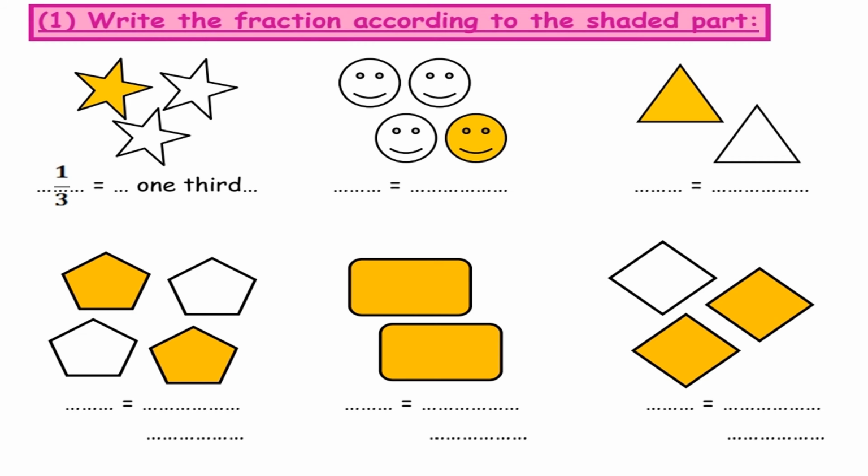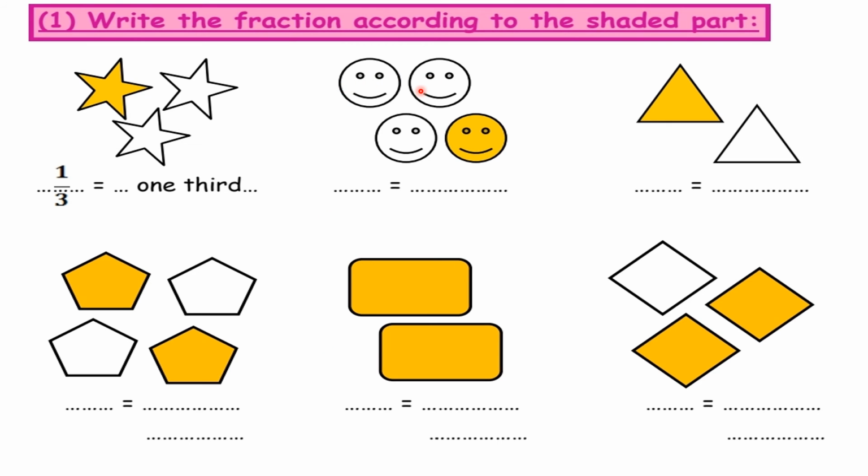I want to write the fraction according to the shaded parts. So look here, I have a set of 3 stars and the colored is 1 out of 3, so it's 1/3. So as in this example, we're going to solve the rest.